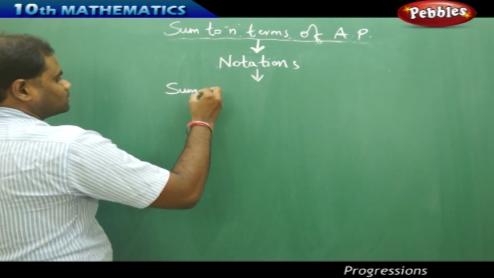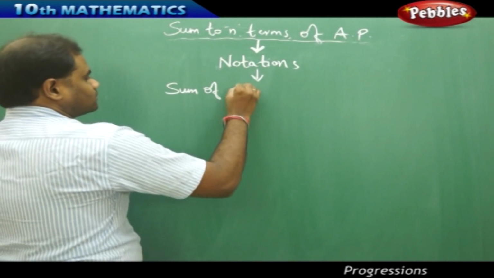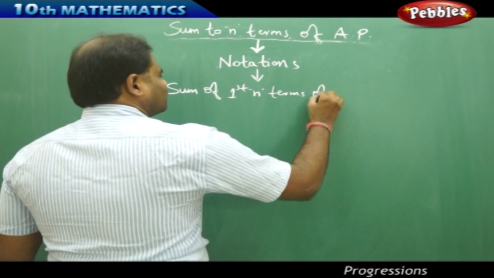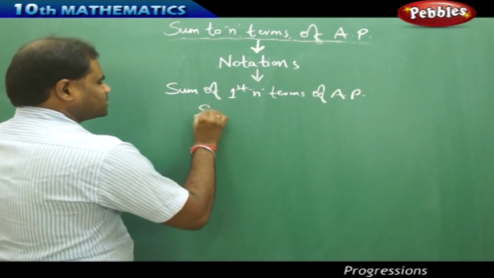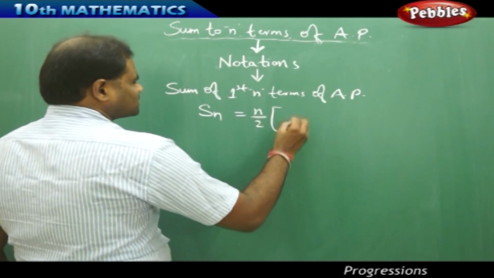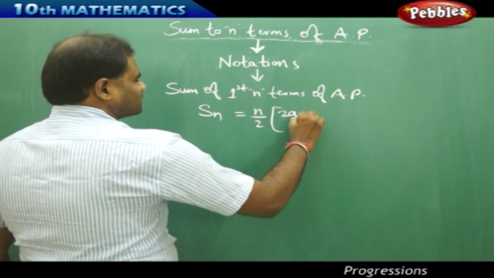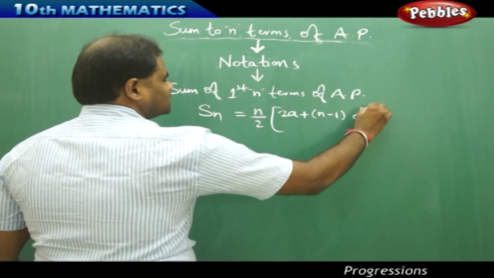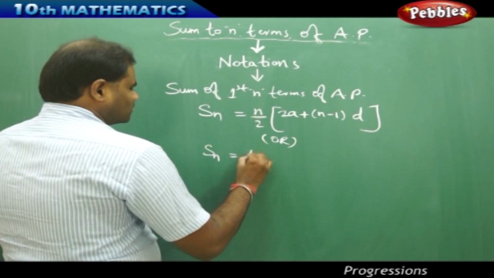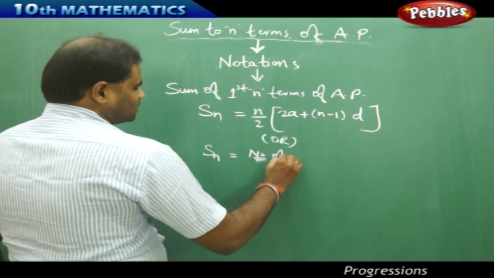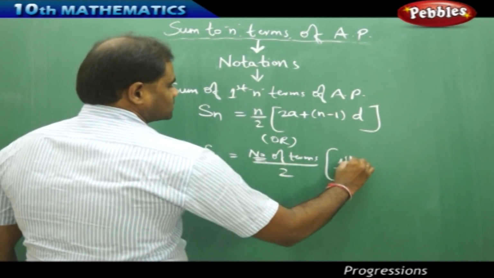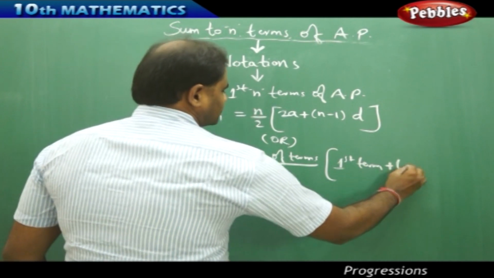With the conclusion, we make that the sum of the first n terms of an arithmetic progression, generally denoted by Sn, is given by the formula n by 2 times (2a plus (n minus 1) into d), or it is also given by the formula Sn equals number of terms by 2 times (first term plus last term).